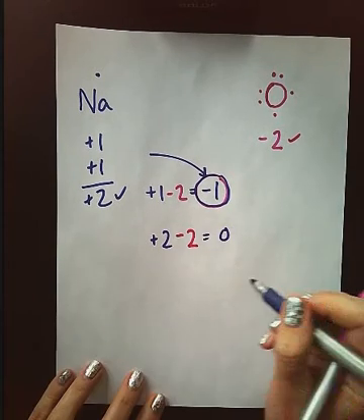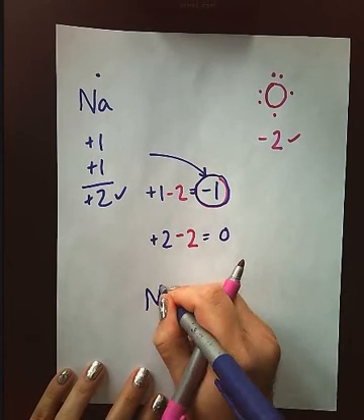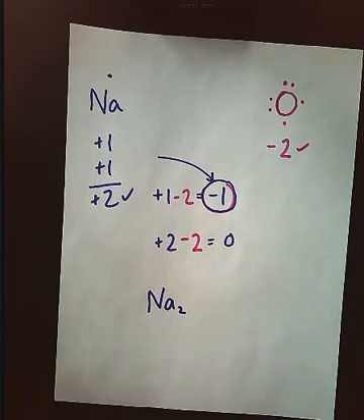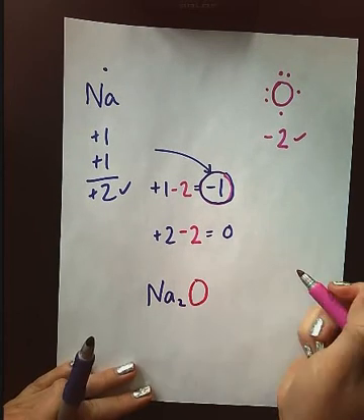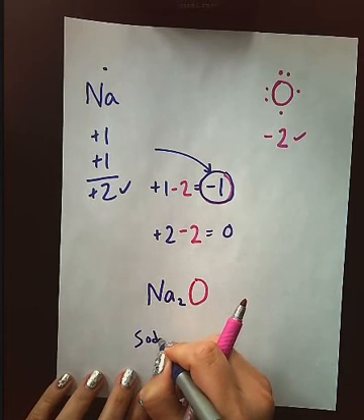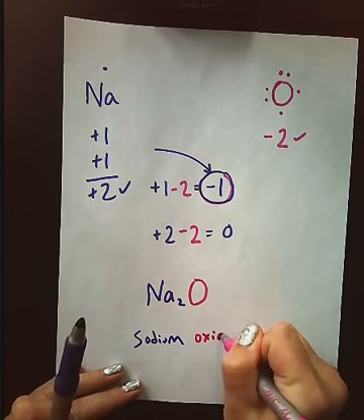When you make it into a formula, you put 2 sodiums and use a subscript 2, and you put an oxygen. So that will be sodium, and you don't change anything else, oxide. And there you have it.